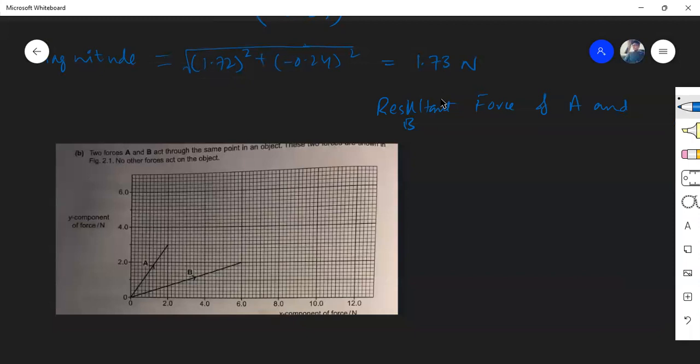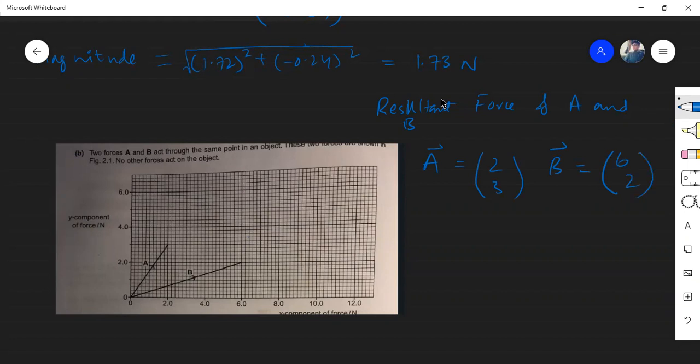Now, what's the column vector of A? 2, 3. That's correct. What's the column vector of B? 6, 2.